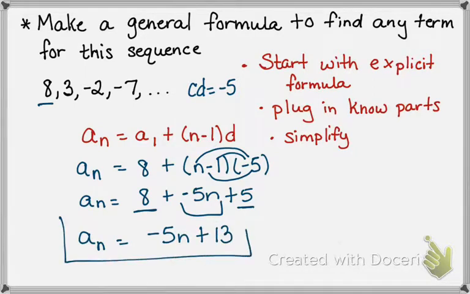So this formula is a general formula, explicit formula, to find any term in the sequence. So now if I told you to find the 100th term, I can just plug in 100 for n, and I could easily find out what that would be. So it's a much quicker way when you're finding a whole bunch of different terms with the same pattern to save yourself some work. So this is finding a general formula for a sequence.